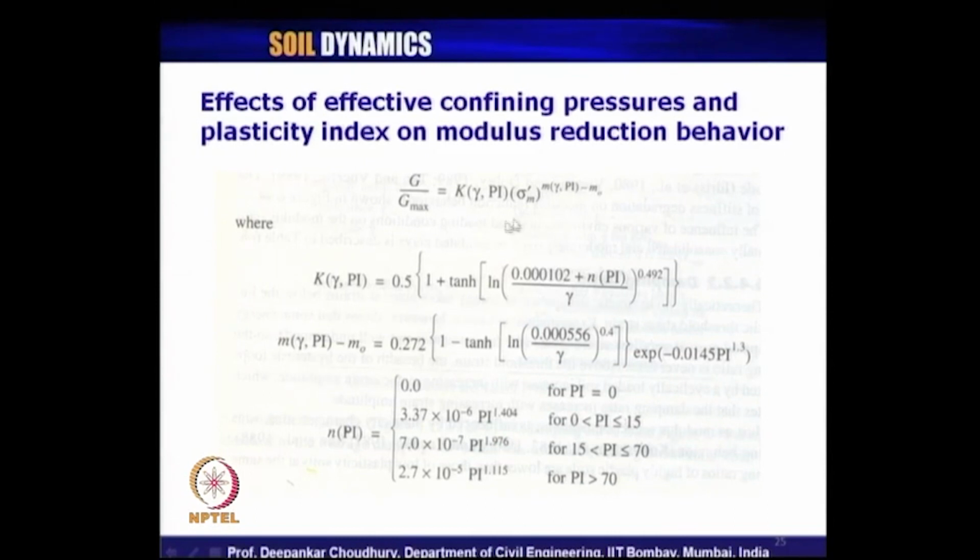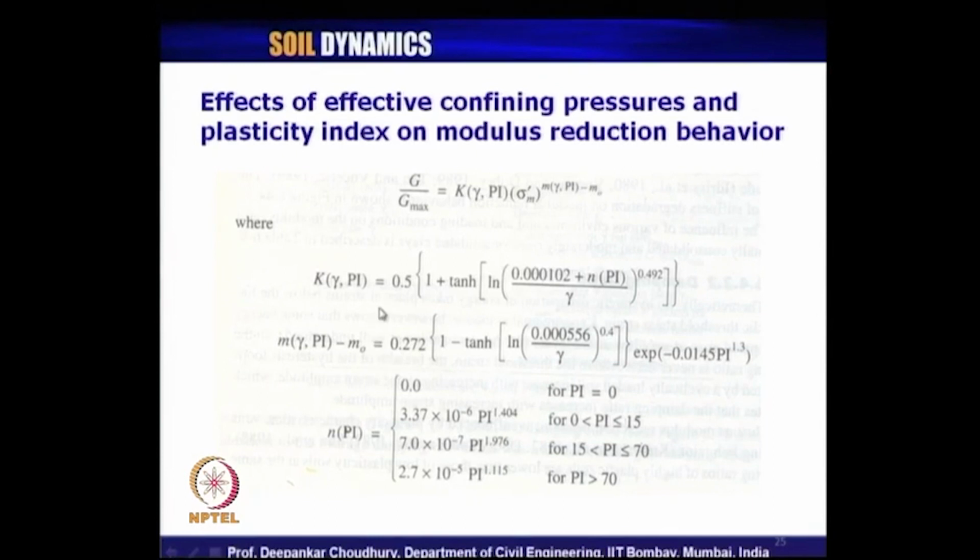and this coefficient, that is m, which is again a function of gamma and PI, minus m naught, is expressed like this. And this n of PI, this function n of PI, you can look at here, for different values of PI, values are listed with respect to these.